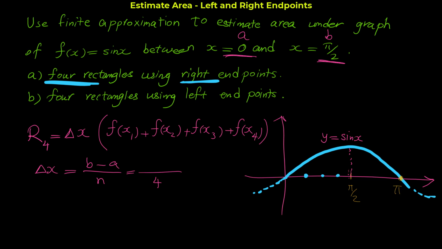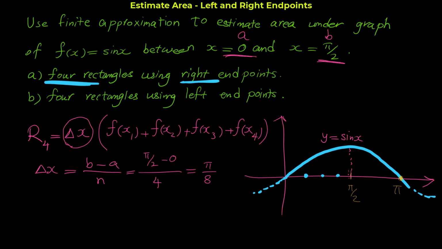So a is 0 in this question and b is pi over 2. So b minus a basically shows the length of the interval. So we have pi over 2 minus 0, which is just pi over 2. Pi over 2 divided by 4 is pi over 8.